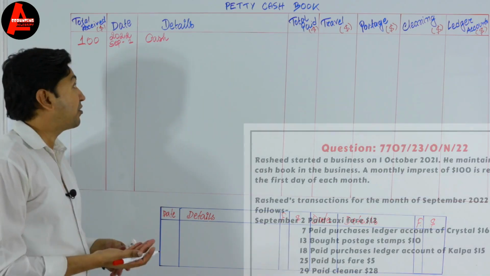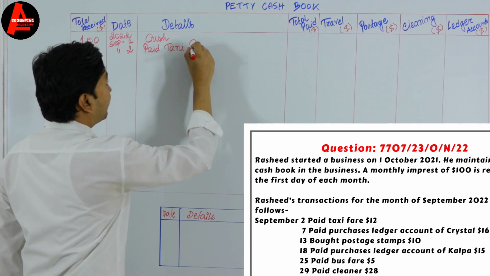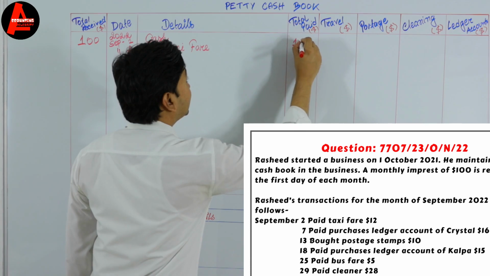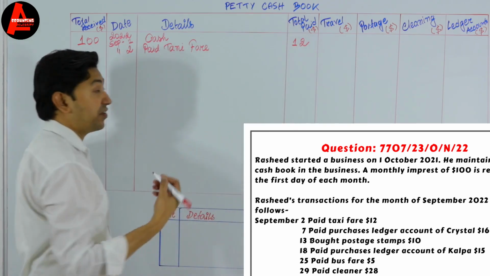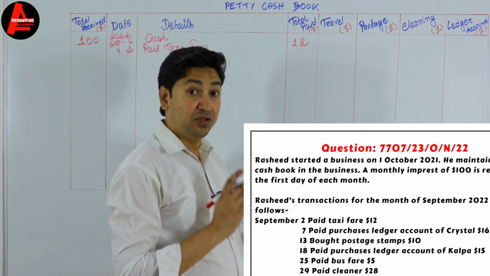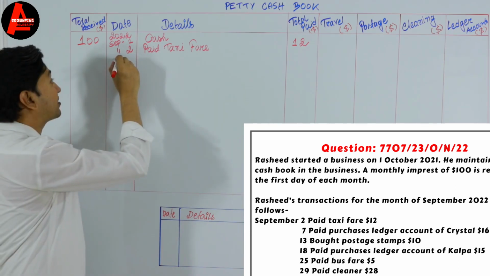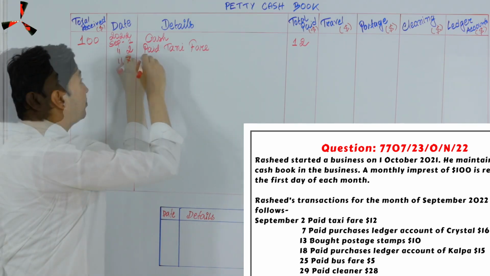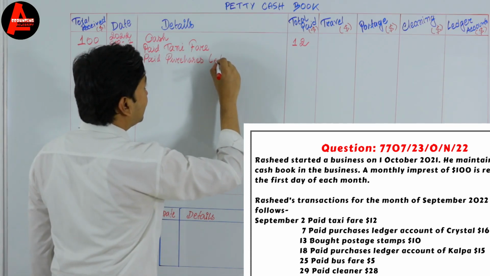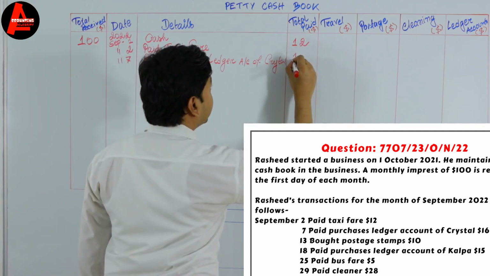September 2, it is written that he paid taxi fare. It is $12. This is the amount paid for taxi fare, so we will write it in the paid column. Don't be confused. The next transaction is on September 7: paid purchases ledger account of Crystal $16.